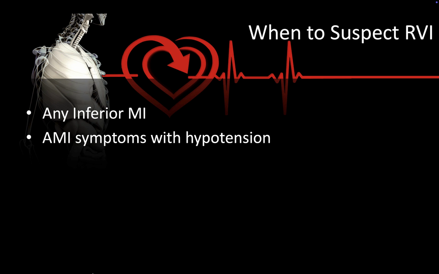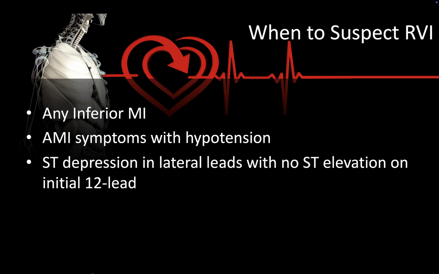Any acute MI symptoms with hypotension are a clue of right-sided involvement. Any ST depression, or especially significant ST depression in your lateral leads with no ST elevation in your initial 12 lead, may be a clue that that ST depression is actually reciprocal and is showing you evidence that there's something going on the opposite side of the heart that we aren't looking at that point.